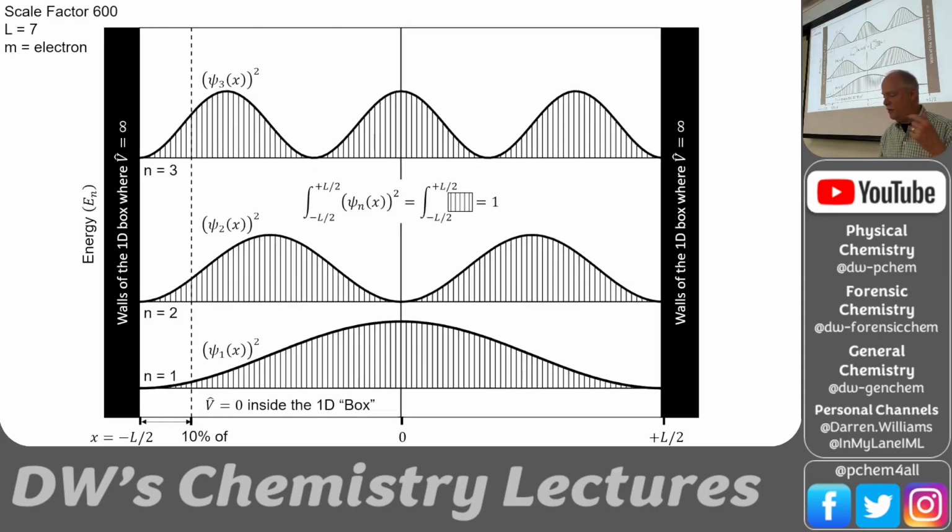Now let's think about the integral over all space. We're saying that integrating over all space, which is the whole box, the probability of the particle being found is 1. But what if it's just the first 10% of the box? Let's take a shoe box and put a dice in there, and I shake it up, and I rattle it randomly, and then I open it up, and I do this 10,000 times, so I get good statistics.